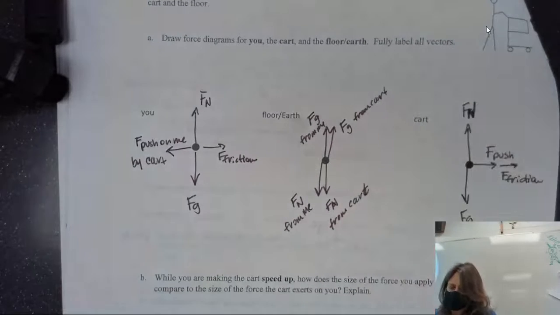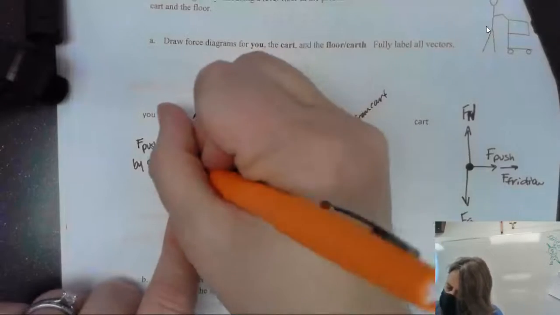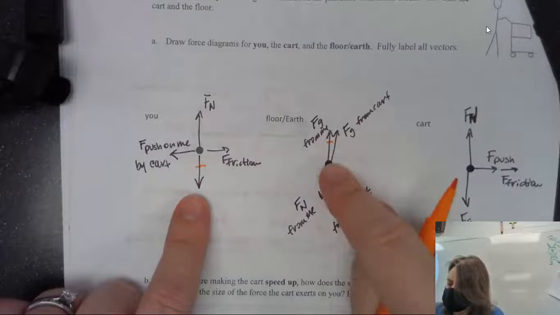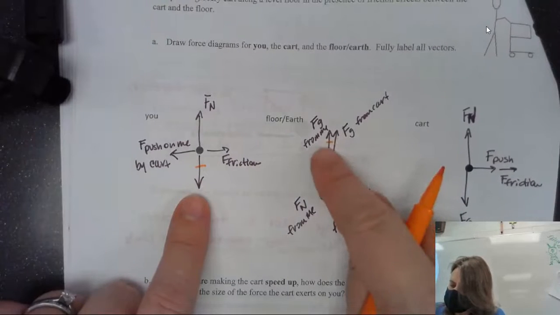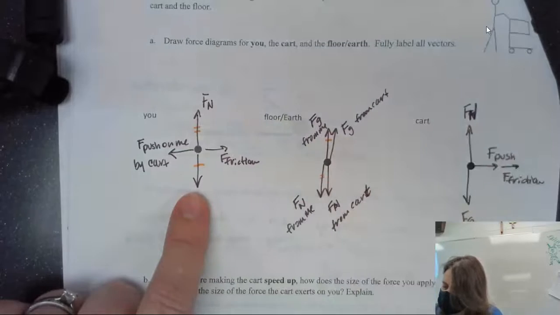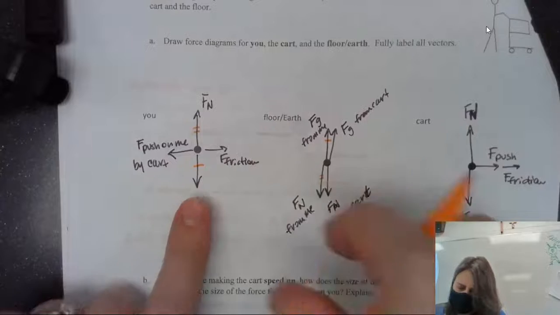We can also look for Newton's third law pairs in here. So one of these is going to be the gravity on me. It's going to be equal and opposite to the gravity that the earth is experiencing from me. Normal force on me from the earth is going to be the same as normal force on the earth from me.